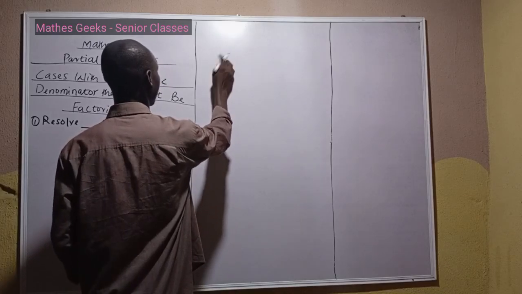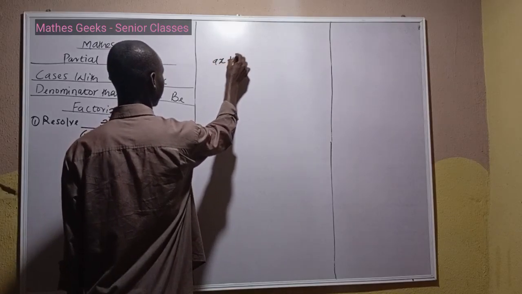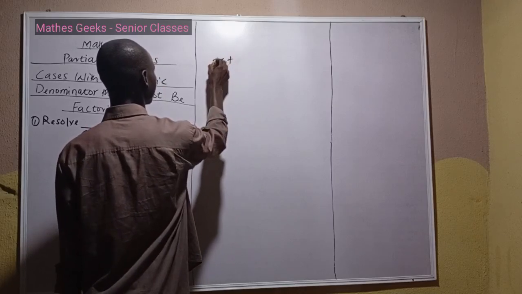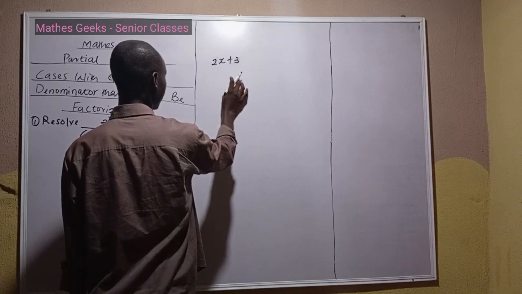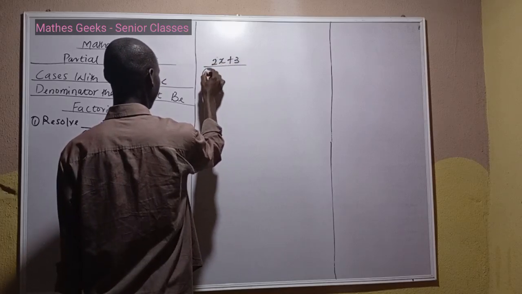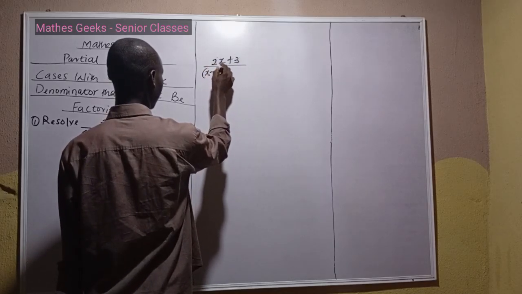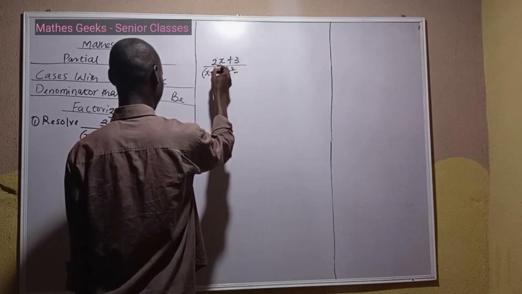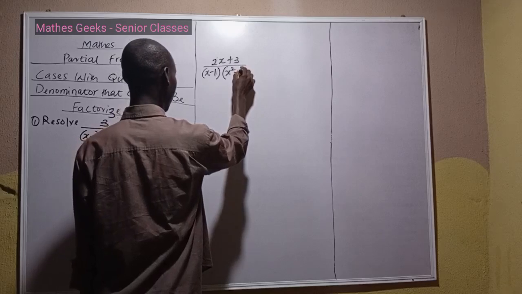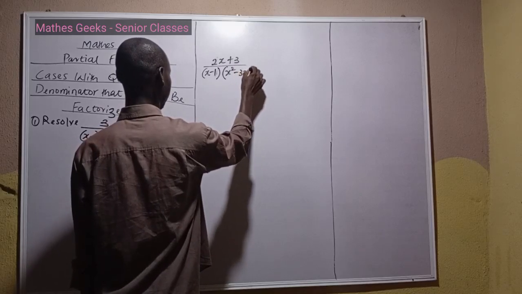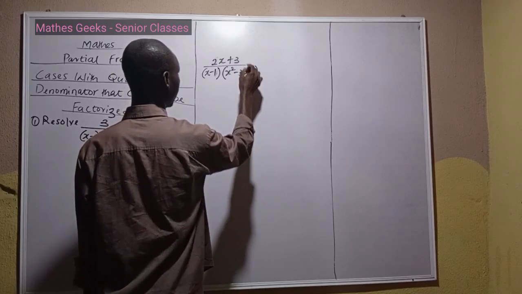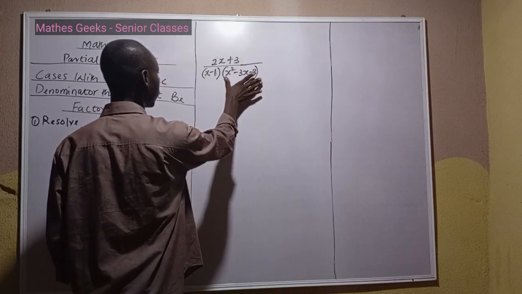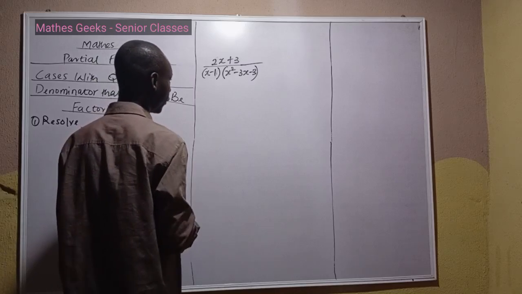If we have, say, 2x plus 3 over x minus 1 and x squared minus 3x minus 3, let's assume that this part of the denominator cannot be factorized further.